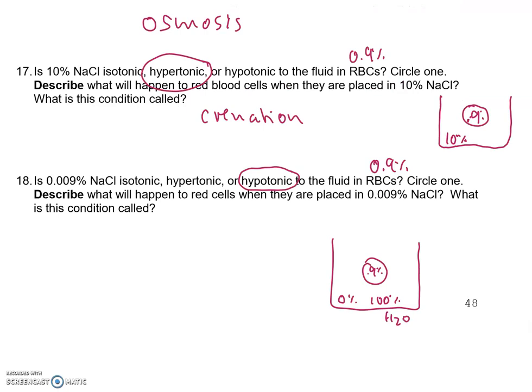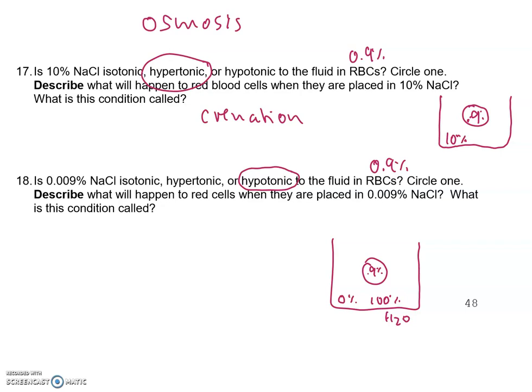Just to be sure that we're on the same page, I drew two beakers here. Let's go on 18 first. The situation is that we have 0.9% salt inside of the cell, which means we have 99.1% water. And osmosis, remember, is the movement of water down a concentration gradient.